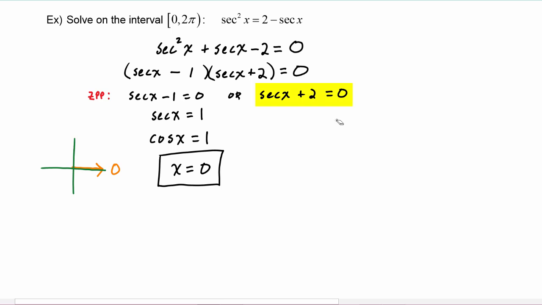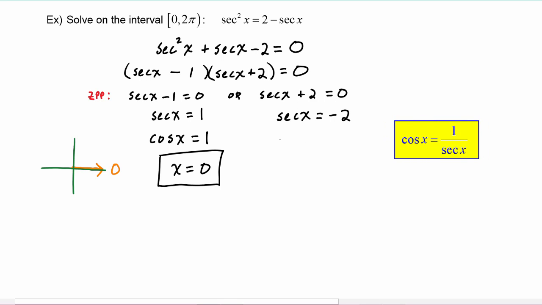Now let's turn our attention to this second equation. Subtracting 2 from both sides, we will get that secant of x is equal to negative 2. Once again, we'll want to convert this to cosine, so we get cosine of x is equal to -1/2.